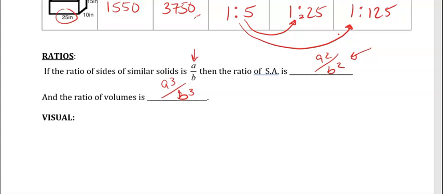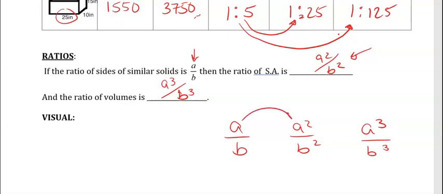Here is basically the visual interpretation of what we do. This is the ratio of sides, that's the ratio of areas, and that's the ratio of volumes. To go from sides to areas, you square it. To go from sides to volumes, you cube it. How do you undo squaring to get from areas back to sides?